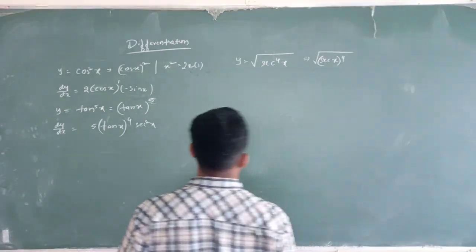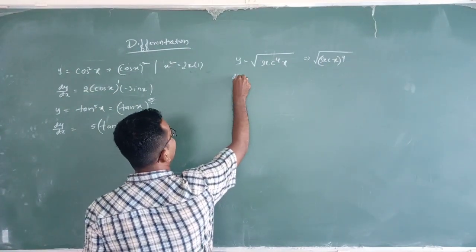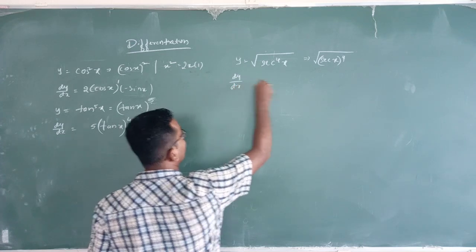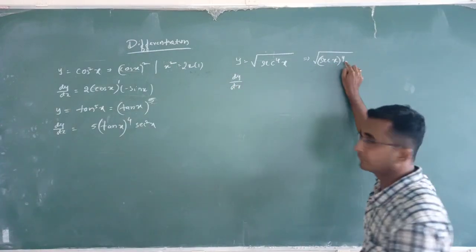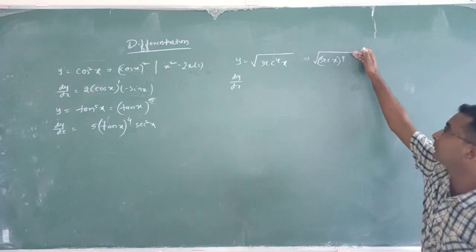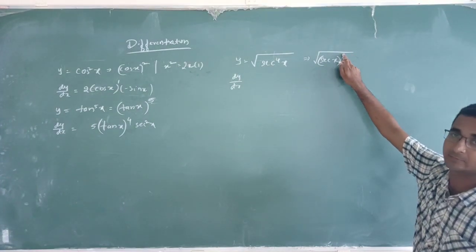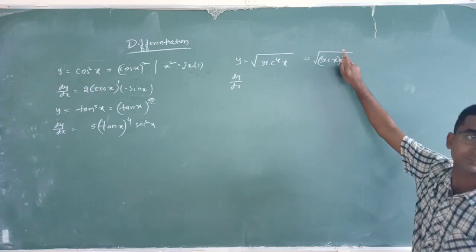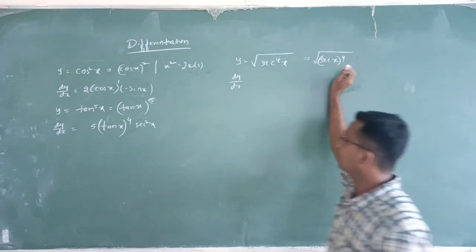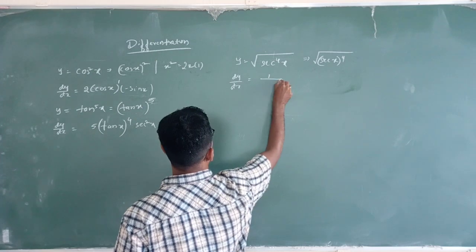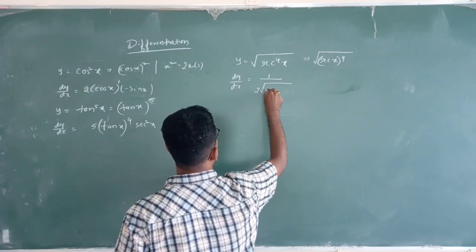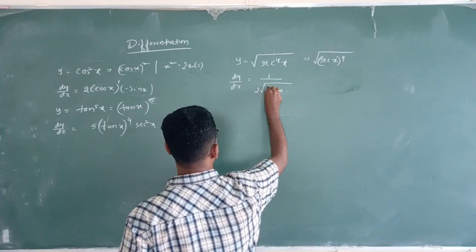Okay. Now dy by dx is, so now it is in the form of root of x raised to 4. Look, from outer side to inner side. It means what should we consider this as? Root of x; consider this as x. Root of x differentiates to 1 divided by 2 root of x.